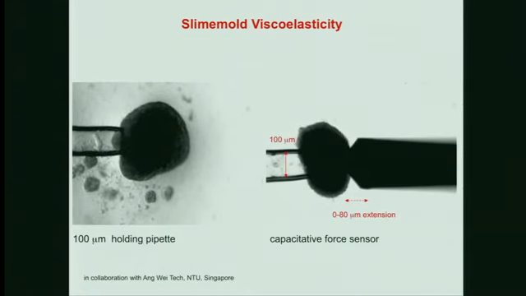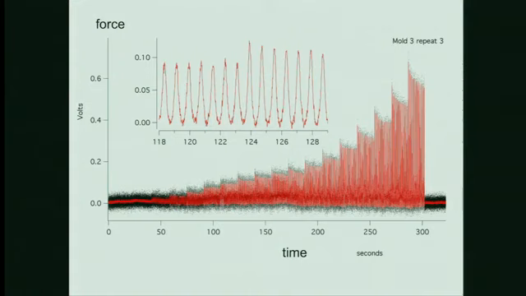If you do this, you get curves like that, the voltage out of your force sensor as a function of time, and you increase the poking of the tube into the microplasmodium in 10 micrometer steps. Here you go from something like 5 micrometer to 80 micrometer, and what you already see is a nonlinearity.